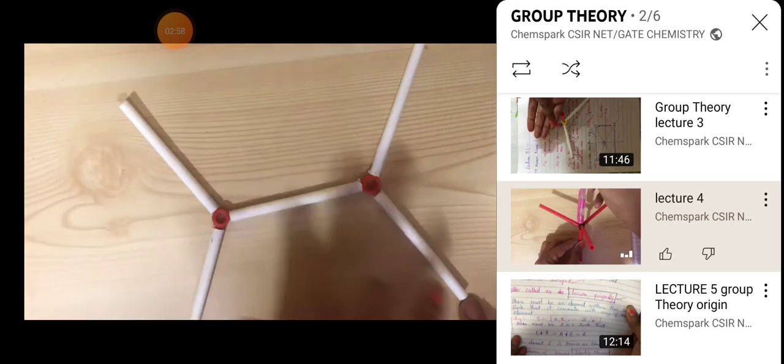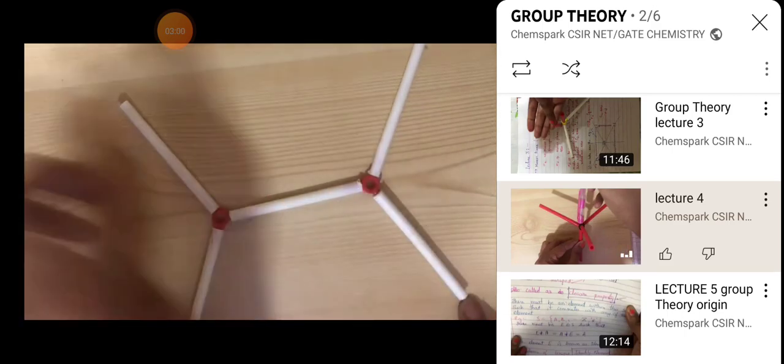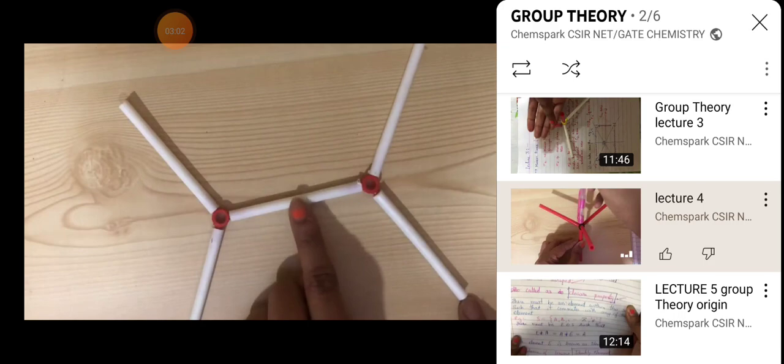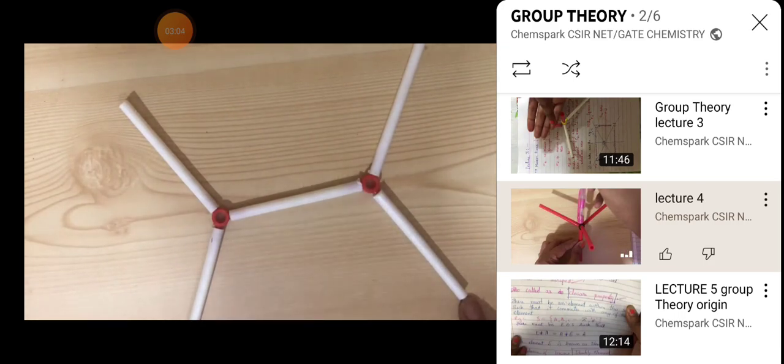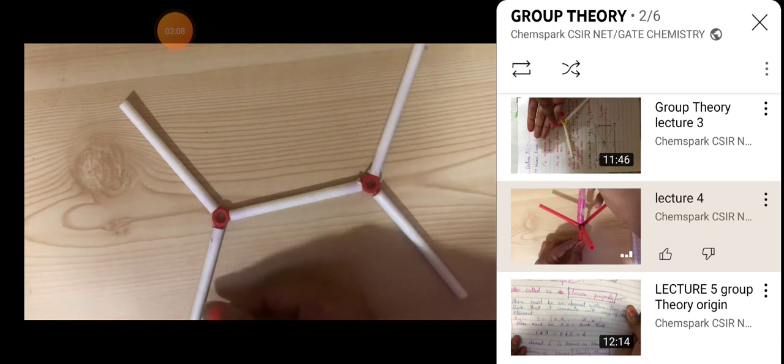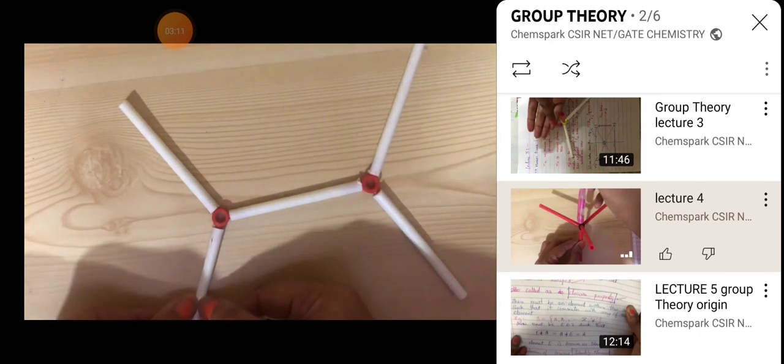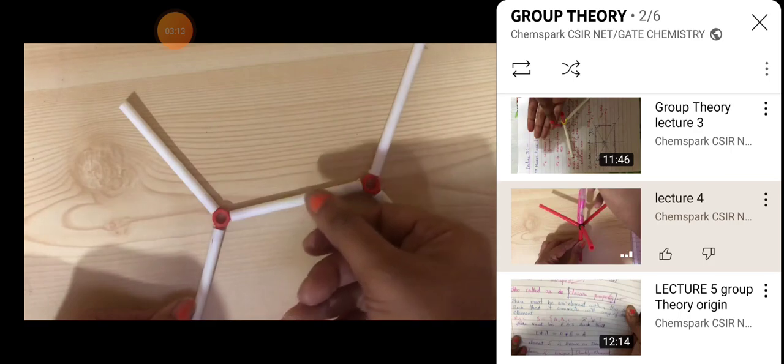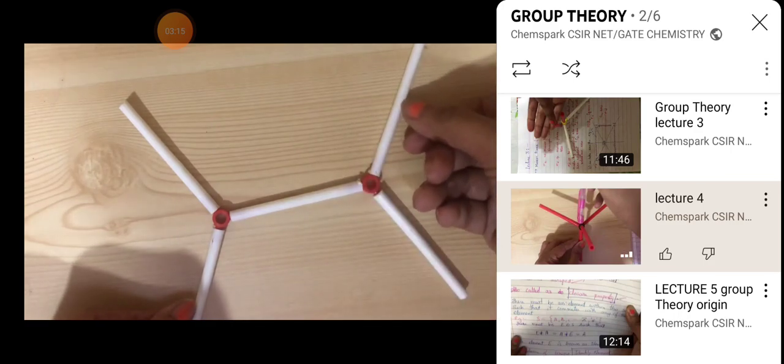So these hydrogens are inversions, and the center is called the center of inversion. You can consider this hydrogen also the same, and if you consider this point also, you reach the origin and you move further, you will find the same point.